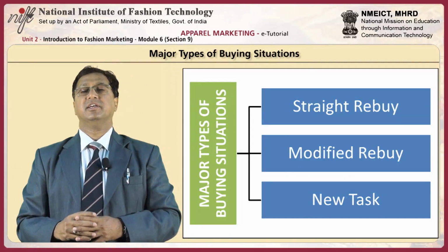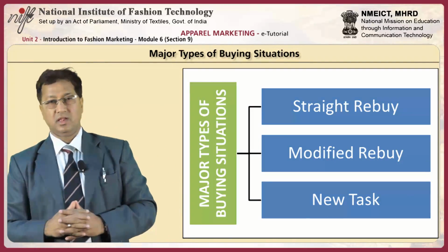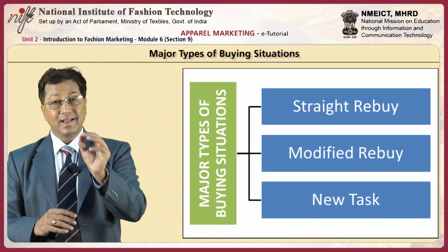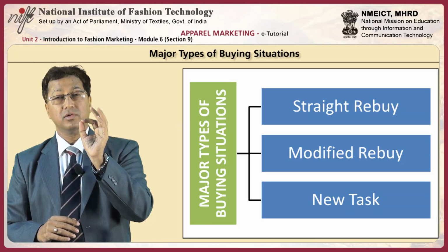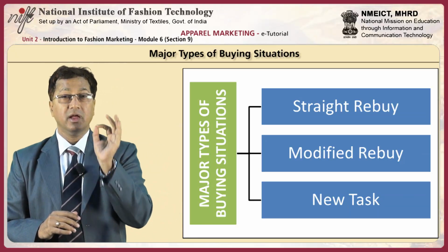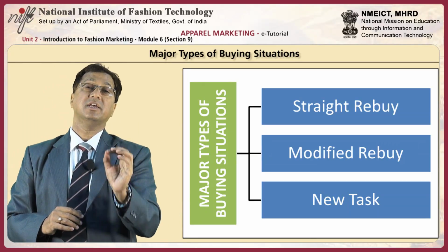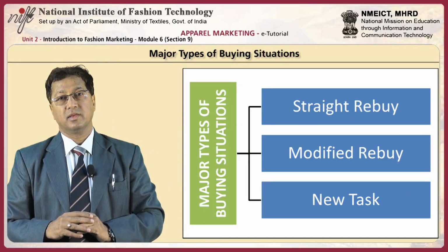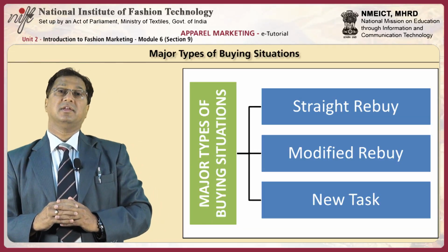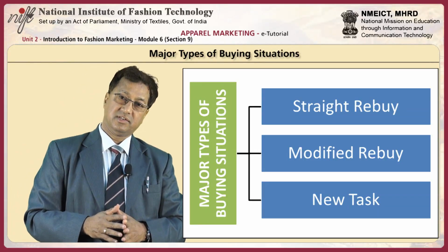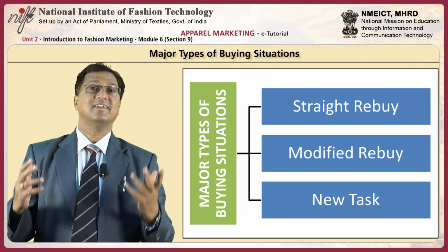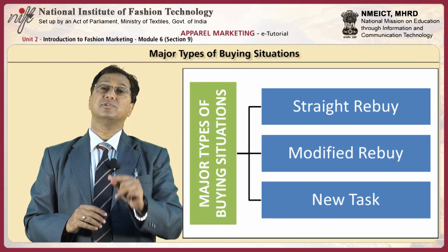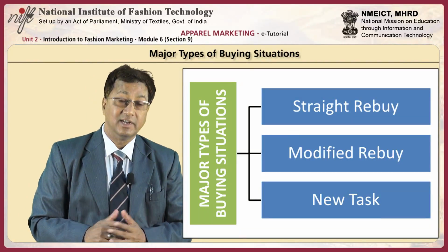The next is the new task. In new task, the company is altogether buying the product for the first time. Hence, the company feels greater risk, and there is also a cost dilemma.